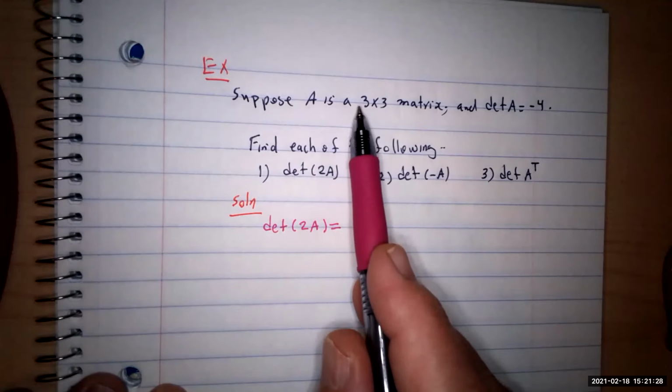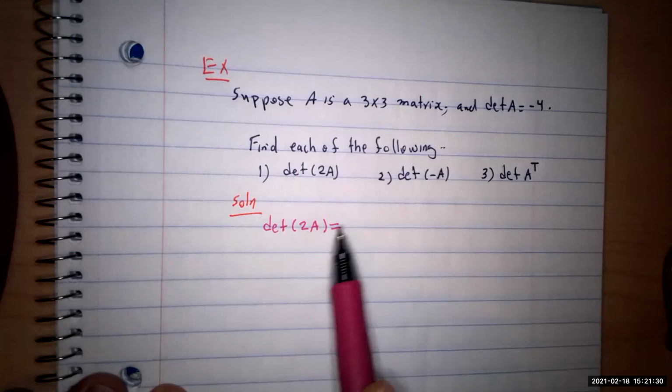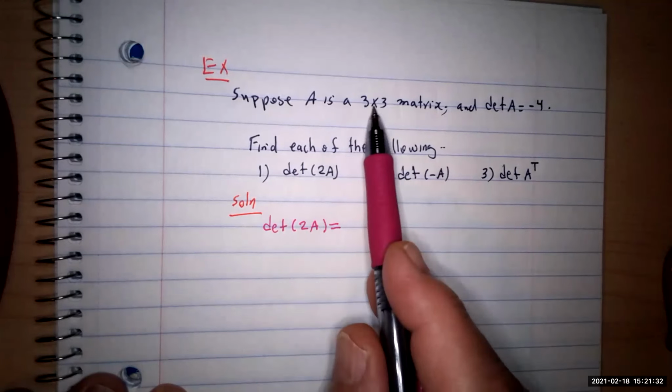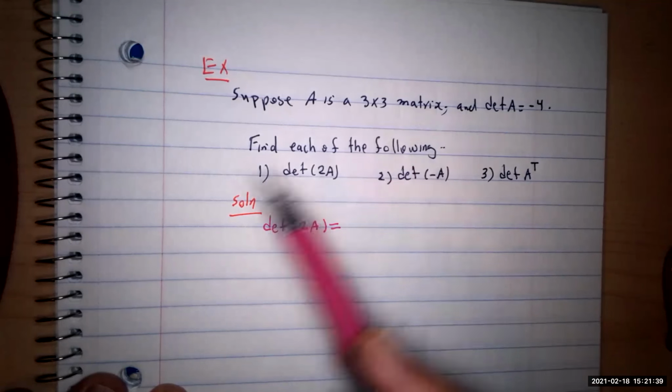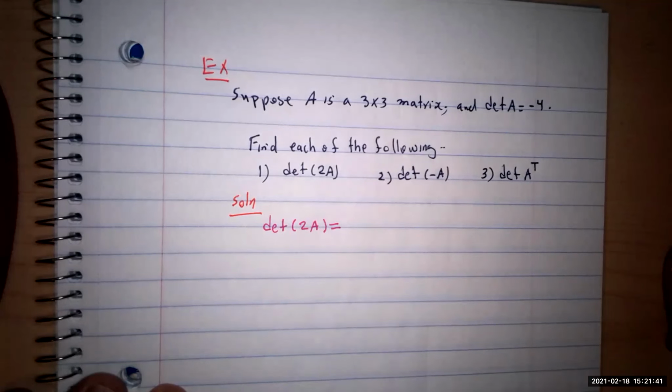If you multiply only the first one, it would be 2 times the determinant of A. If you multiply the second one, it's going to be 2 times 2. If you multiply all of them, it would be 2 times 2 times 2, which is 8. So this is 2 cubed, because n is equal to 3, times the determinant of A. 2 cubed would be 8.